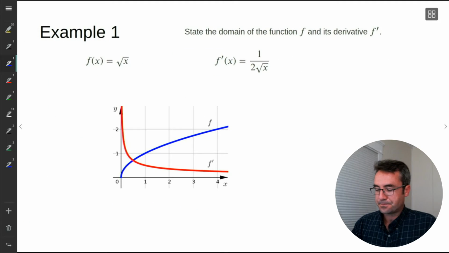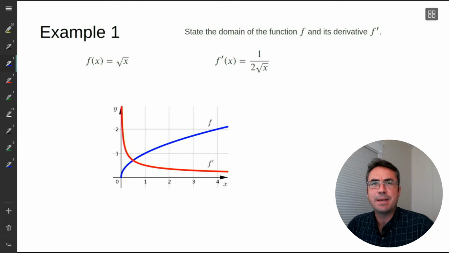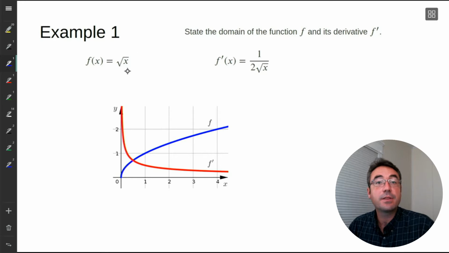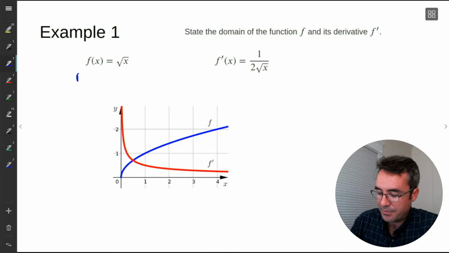All right, let's look at an example. Example 1, we're going to state the domain for function f and its derivative f prime. Here function f is the square root of x. We actually looked at this function in the last lesson, and we calculated its derivative. So f prime is 1 over 2 times square root x. What is the domain of f here?